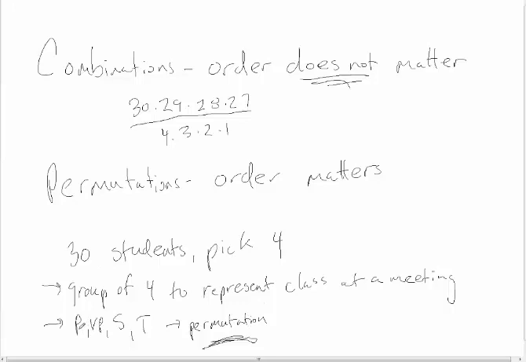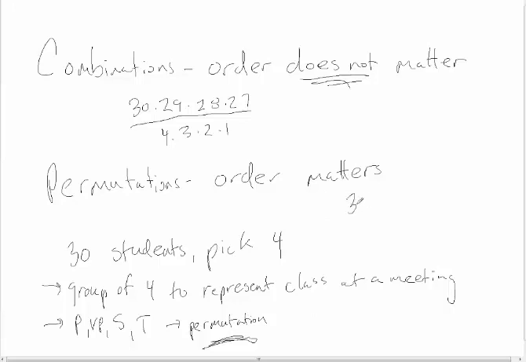So having students 1, 2, 3, and 4 is different than having student 3 be president, student 1 be vice president, 2 be secretary, 4 be treasurer, or 4 president, 3 vice president, 1 secretary, 2 treasurer, etc. So there the order matters. So how many different student governments could I take from that group of 40?